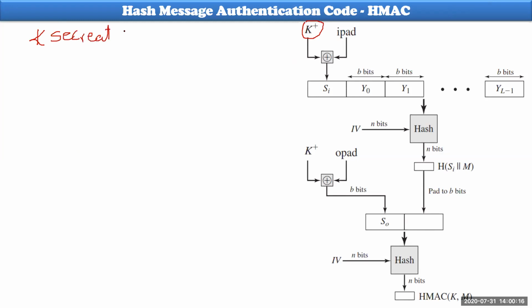It is a secret key, and normally this whole HMAC key depends upon one particular point. Let me consider that B bits are to be taken into consideration. Normally B bits might be 512 bits.